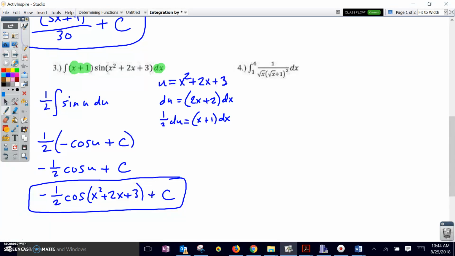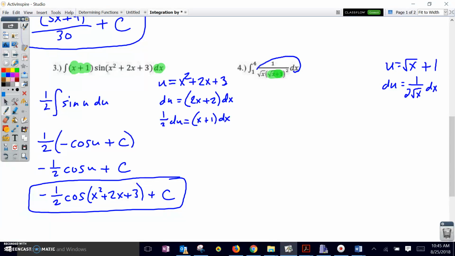Alright, last one. Now looking at this, some people might think, hey, let's try and substitute the whole denominator, but it's going to work out a lot prettier if we just substitute what's inside of the quantity squared here. So I'm going to make that substitution. U equals square root of x plus 1, because then du is equal to 1 over 2 root x dx.